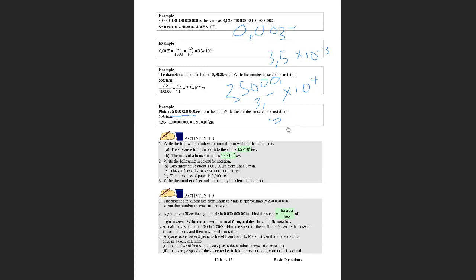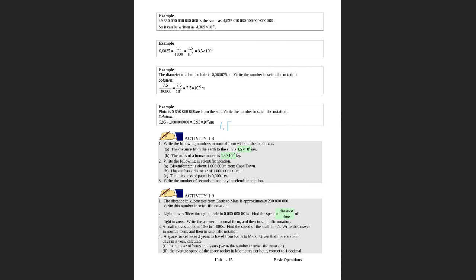Now, the next one says write the following in normal form. So in normal form, you just change. This one is already in scientific notation, 1,5 times 10 to the power 8. So write it in normal form. Here is 1,5.